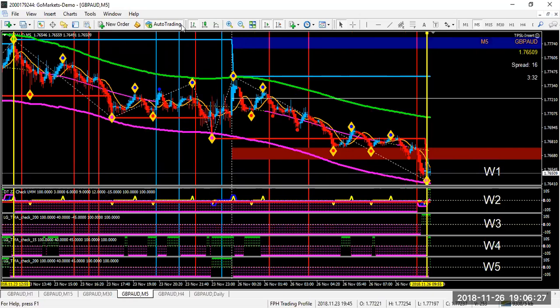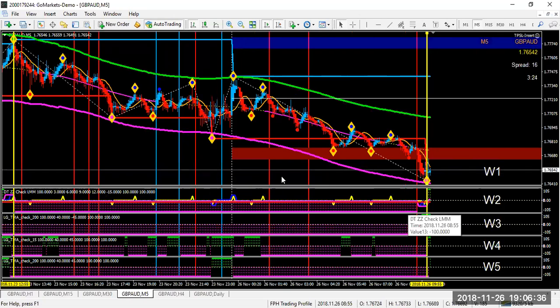Now, this shading represents the downward movement of the 30-minute, going from a current blue diamond to a red diamond. Let me just take you into my 30-minute chart.